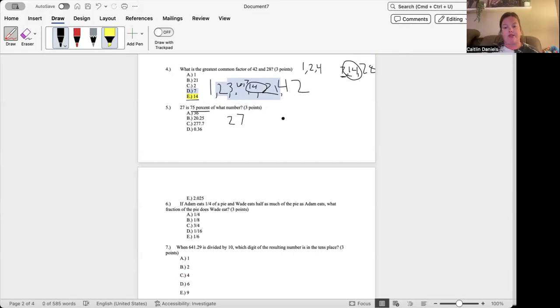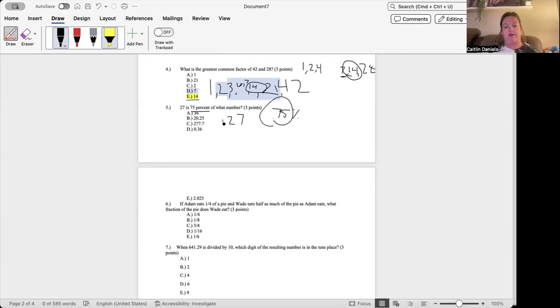So 75% converted to a decimal would be 0.75, because it's already in hundredths form.